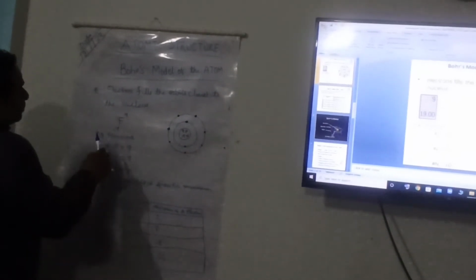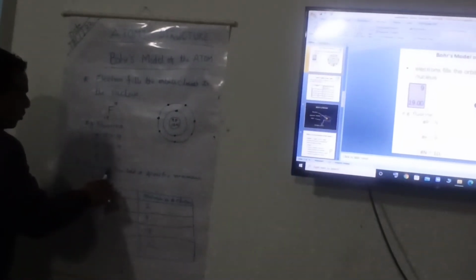And according to Bohr's model, each orbit can hold a specific maximum number of electrons. These are the shells: the K shell can hold a maximum of 2 electrons, the L shell can hold 8 electrons, the M shell 18 electrons, and the N shell 32 electrons.